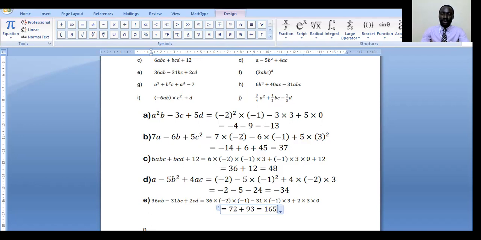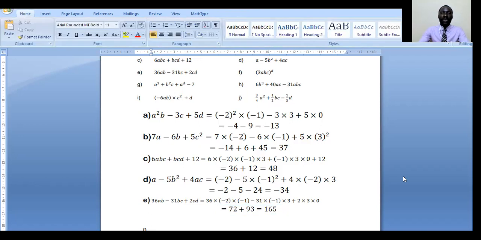So the thing you notice here is that when you are required to carry out an evaluation of a given algebraic expression, you pick the value of the variable and you put it right inside where that variable is in the expression.